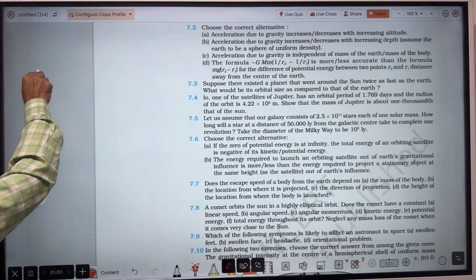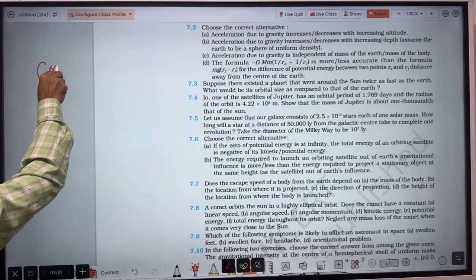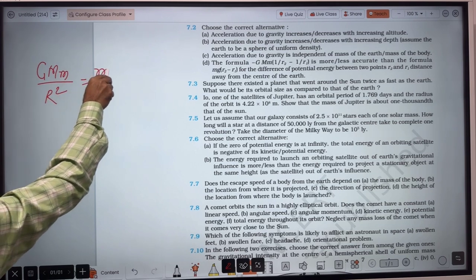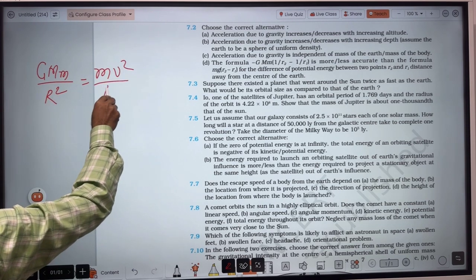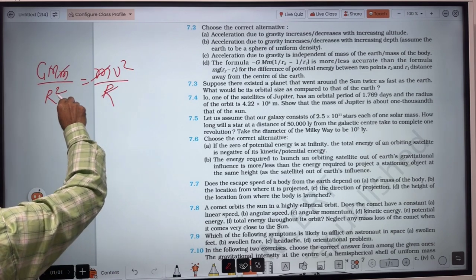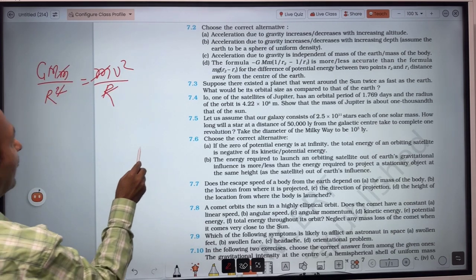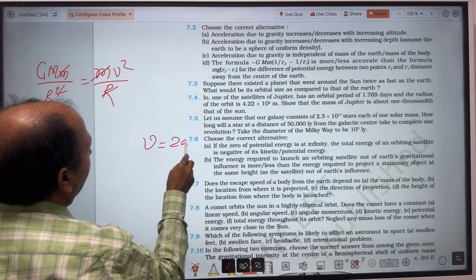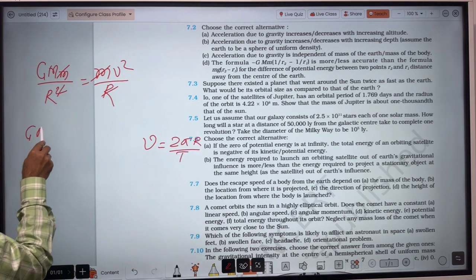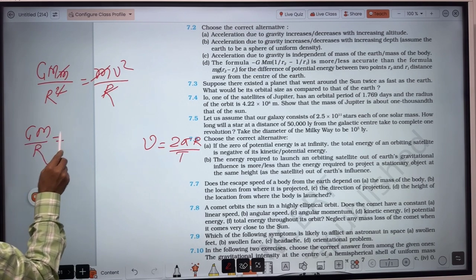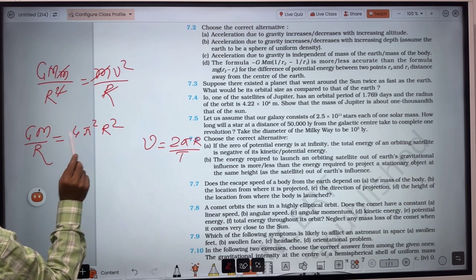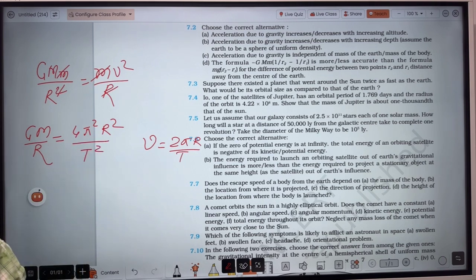So here we have equated G capital M small m divided by capital R square equal to m v square divided by capital R. One m will cancel out and one R will cancel out, and v you can write as 2 pi r divided by T. So what will it become? G M divided by r equal to 4 pi square r square divided by T square.